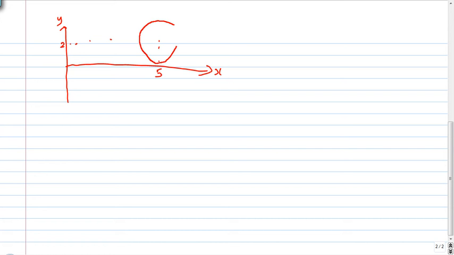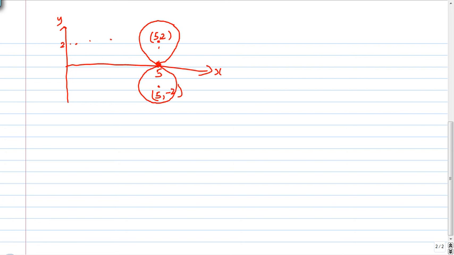And we know that it touches the x-axis at this point. If you reflect it, this is 5, 2, which is the center of the circle. If you reflect it, you will end up with a circle of the same shape with center 5, negative 2.